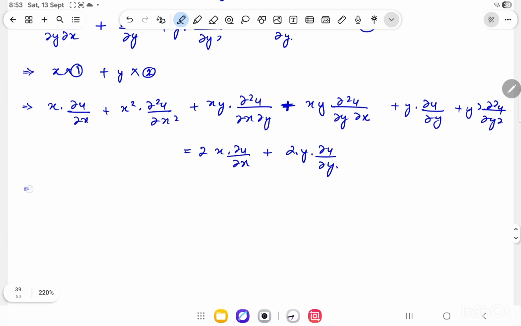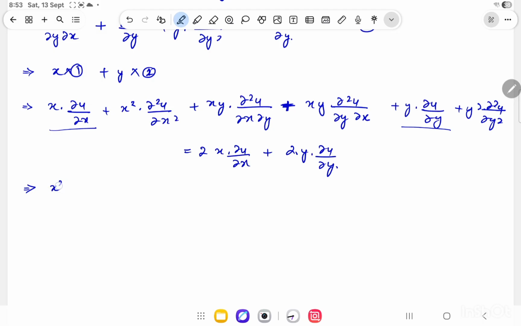So if we simplify it, I am clubbing. I can just simplify it, this term and this term I am taking to the right hand side.